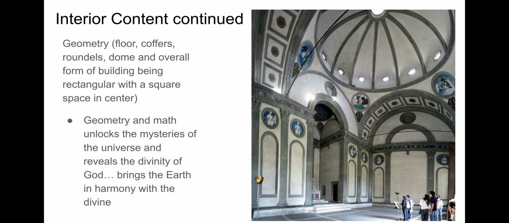So that would be an incredibly important explanation for the geometry in the design, mathematics in the design. We talked about that with the Pantheon. You could talk about it with the Parthenon, the modules of any Gothic or Romanesque cathedral. You see it often in religious spaces, especially here in the Renaissance, when we're so guided by the mathematical principles and rational design that comes from Greece and Rome.